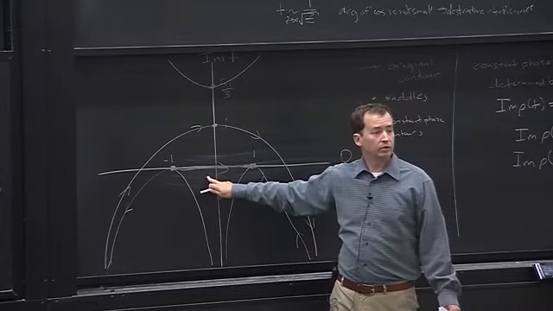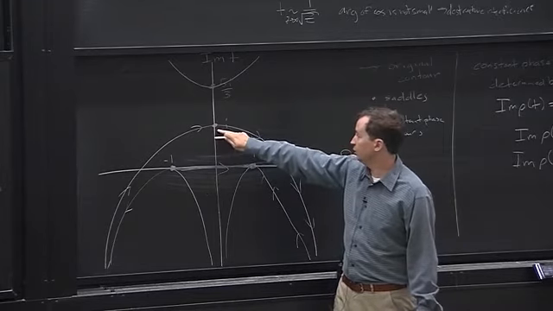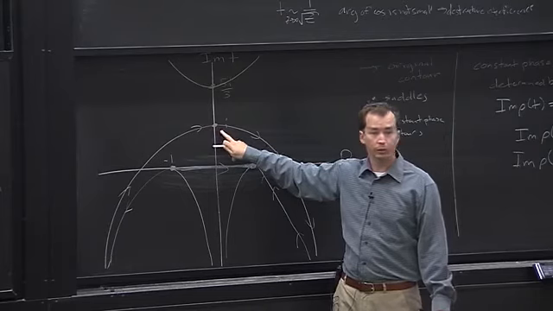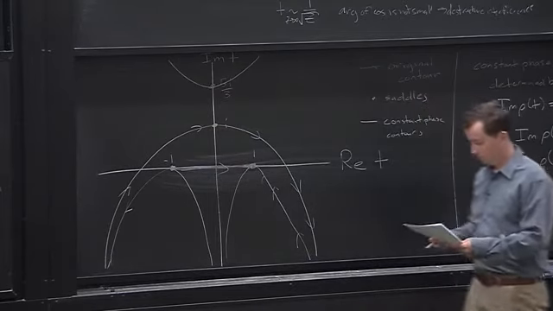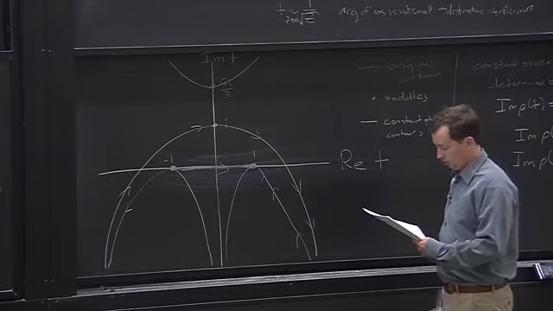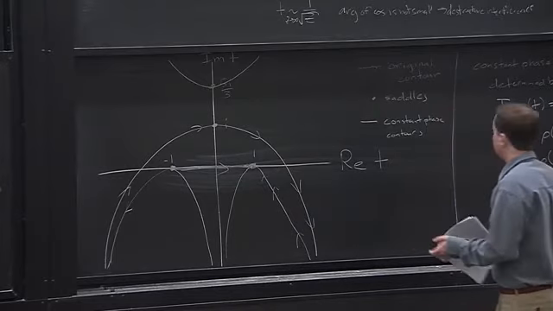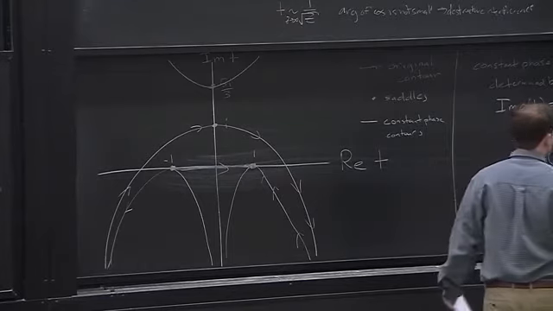So this constant phase analysis tells us that we should do a saddle point approximation around this saddle point and not this saddle point. Okay.